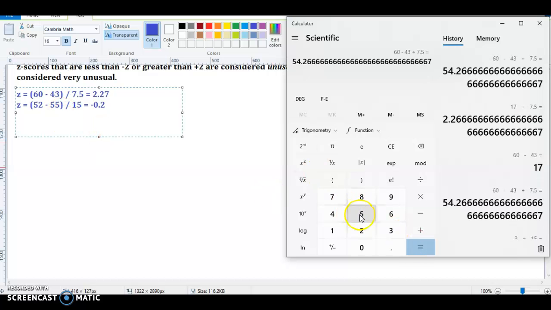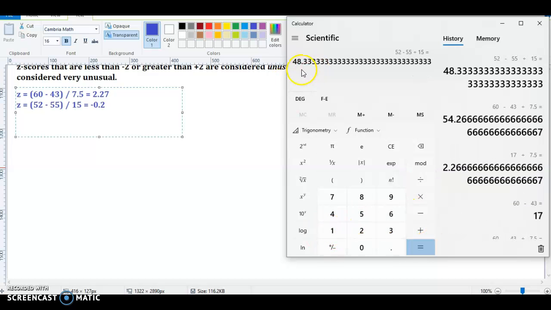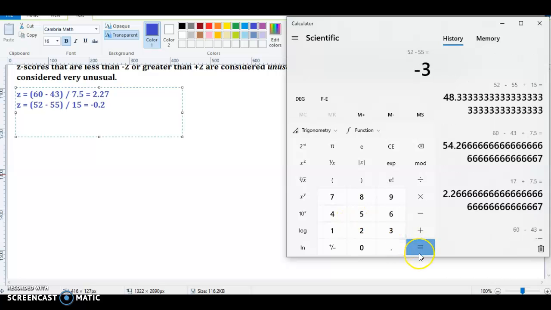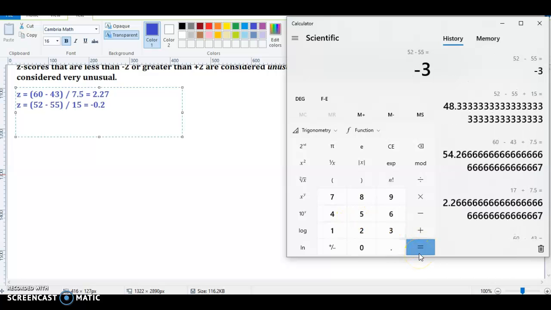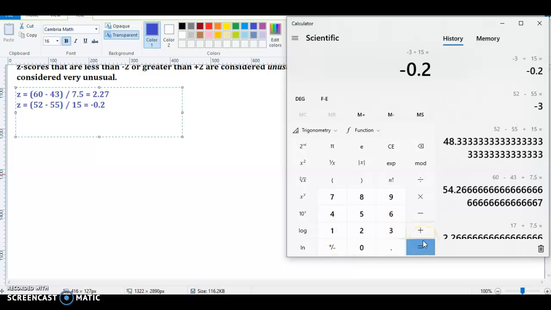Likewise, if you do 52 minus 55 divided by 15, again, that's not equal to the z-score that we got, which is negative 0.2. So just be mindful that you do the subtraction first, hit equal to or enter, and then divide by the standard deviation to get the correct z-score.